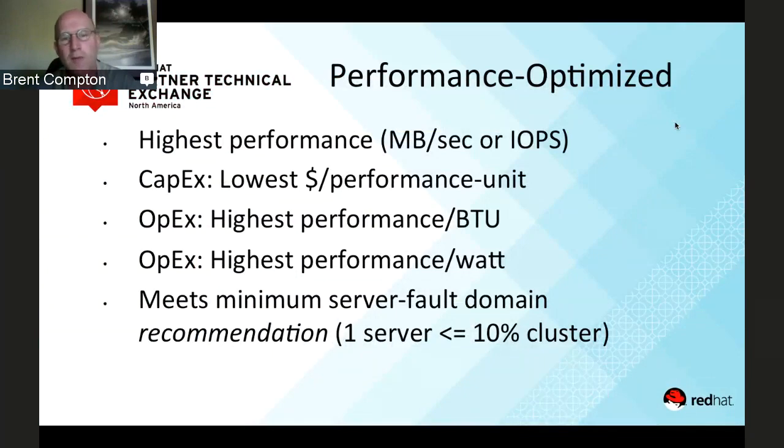So we convert that into relative comparisons. And again, if we have time at the end, we have some relative comparisons that reflect lowest cost per performance unit. So yeah, sure, a configuration might yield the highest performance, but it's liquid nitrogen cooled and it costs $100 million. Okay, it's nice that it's highest performance, but it's not attainable by mere mortals.